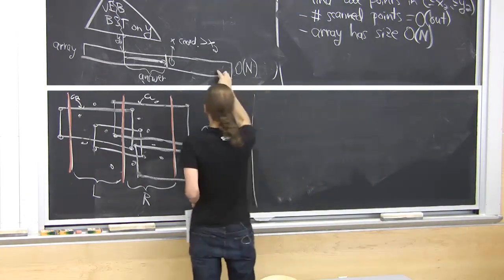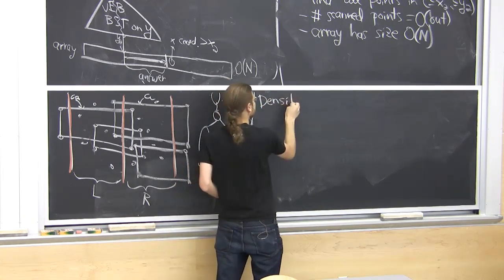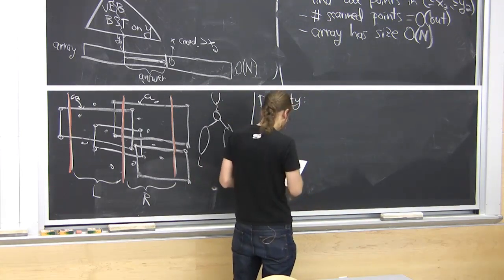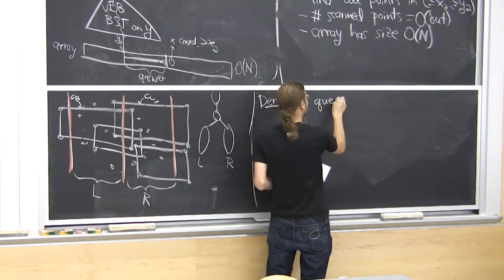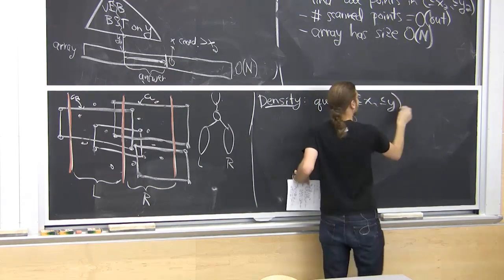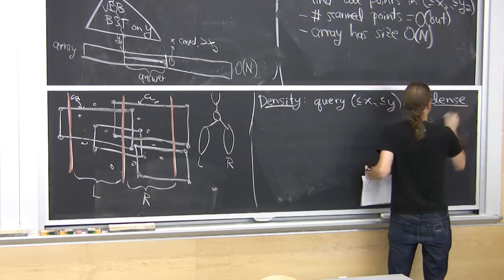Okay, before I can define how this array works, I need to define a concept called density. So, if we look at a query, there's sort of two things that could happen.